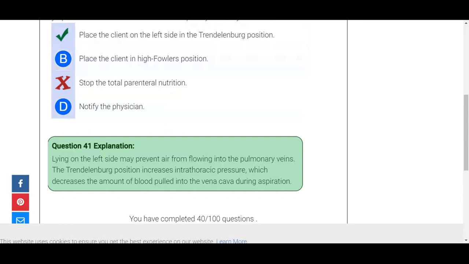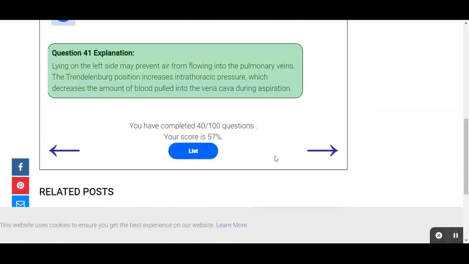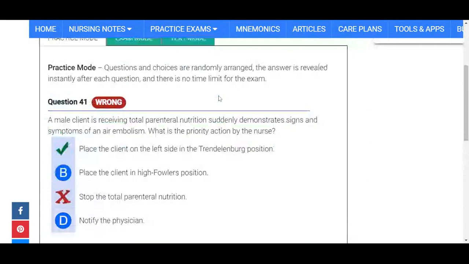It's like upside down, not upside down actually, but like you kind of twist the body around 45 degrees. So like you lay back. Okay. So lying on the left side may prevent air from flowing.